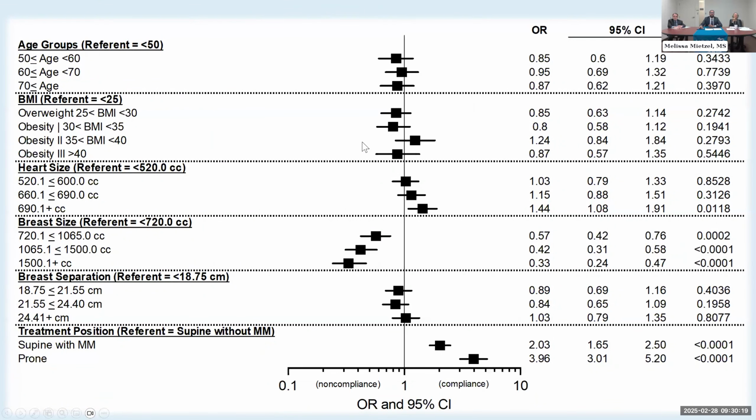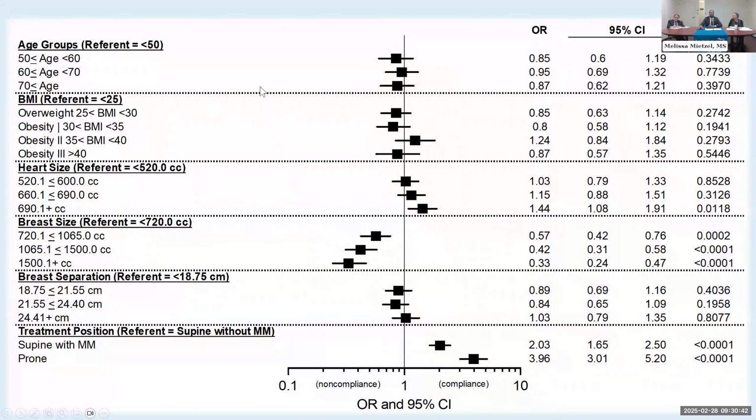This figure here shows the different covariates and the odds ratio, or the likelihood of being compliant or non-compliant with the mean heart dose metric. Compliance is indicated by a point further to the right, and non-compliance is indicated by a point further to the left.